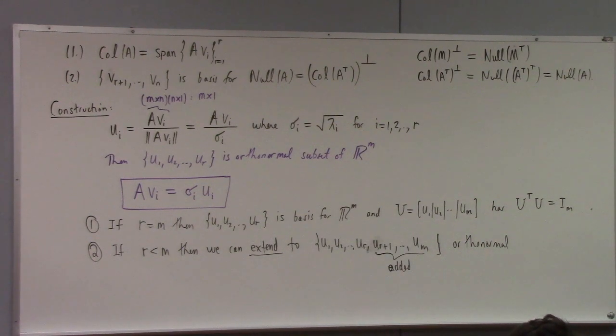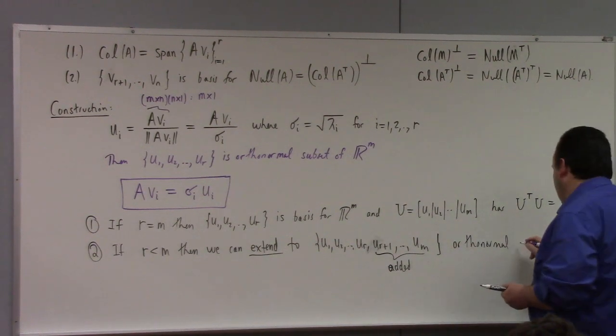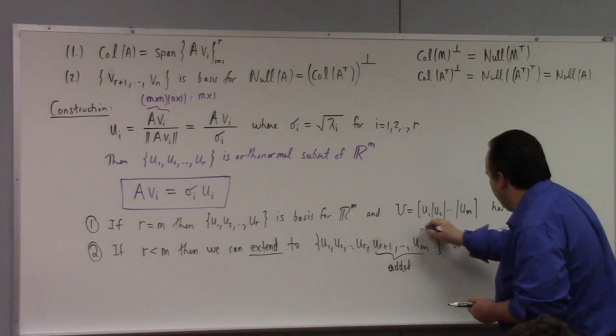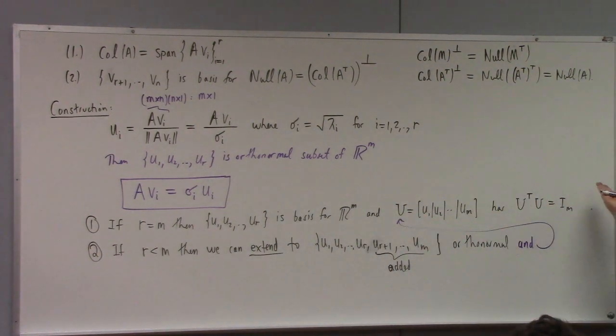Okay. Now, in this context, back to here again, U is orthogonal. Excuse me. Let me recap here. We've got A v_i equal to sigma_i u_i for i equals 1 to r.